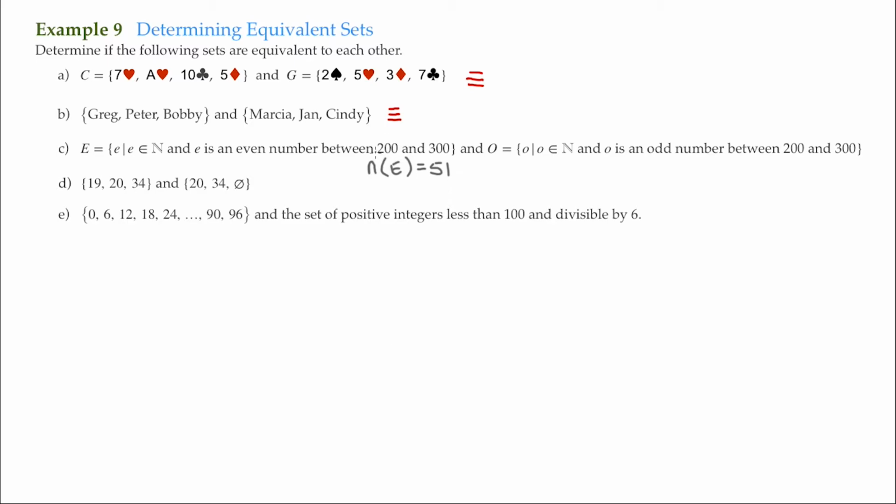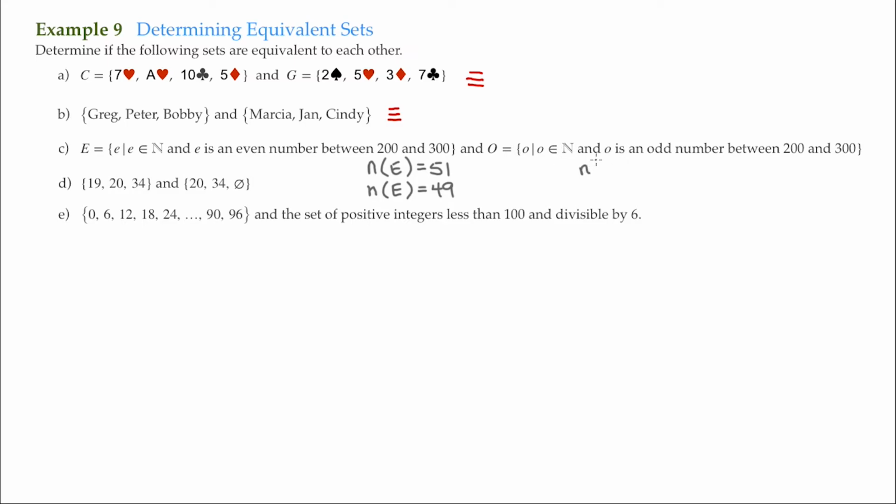If we do not include 200 and 300, because it does say, after all, between 200 and 300, so it's a little ambiguous. So if we were to think that 200 and 300 are not included, then the cardinal number for this set would be 49. For O, there's no ambiguity at all going on.